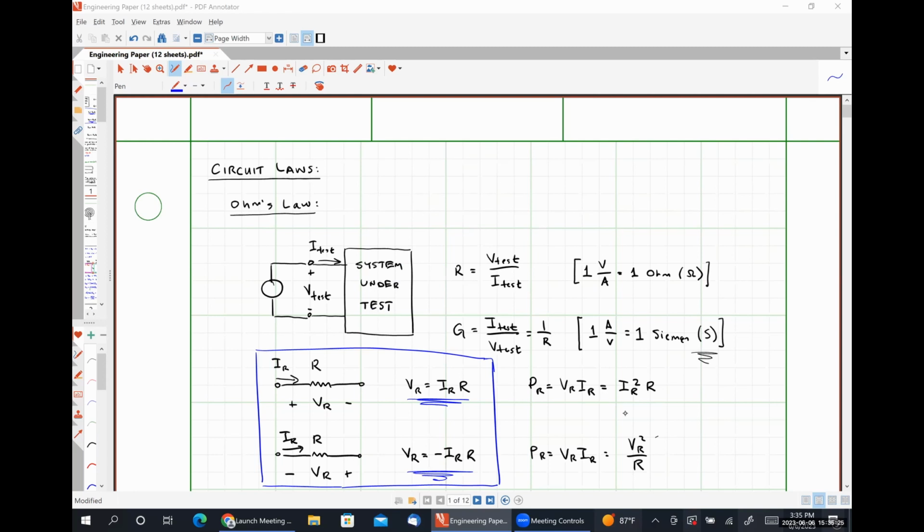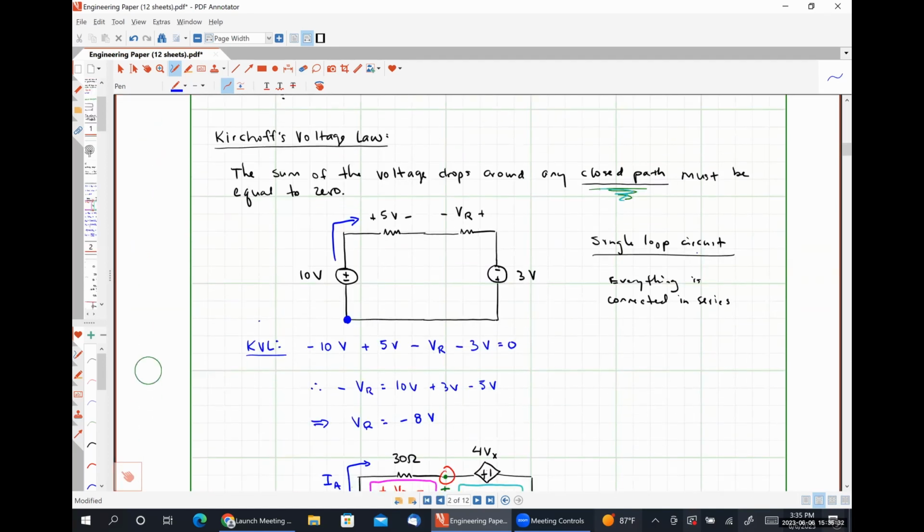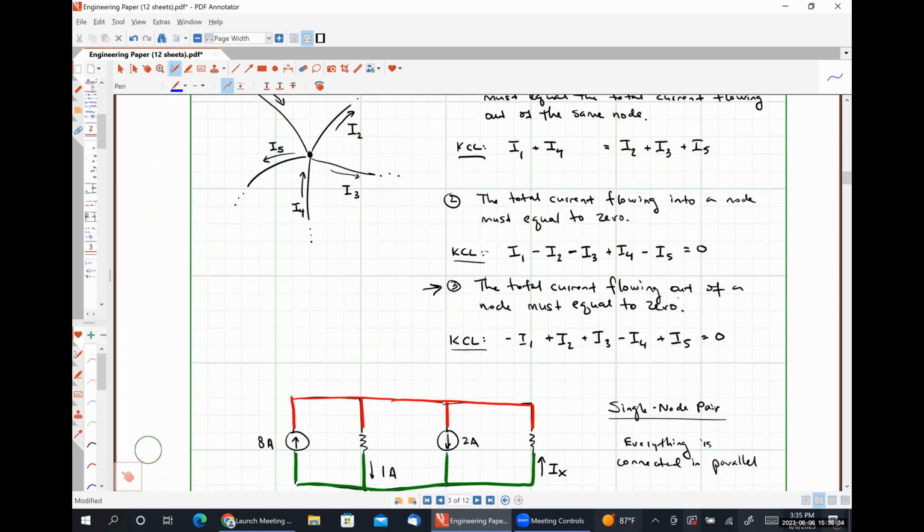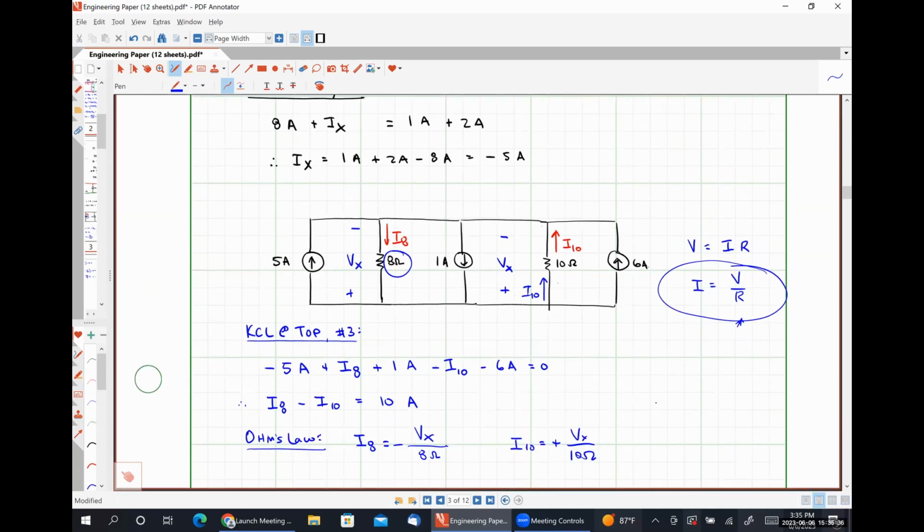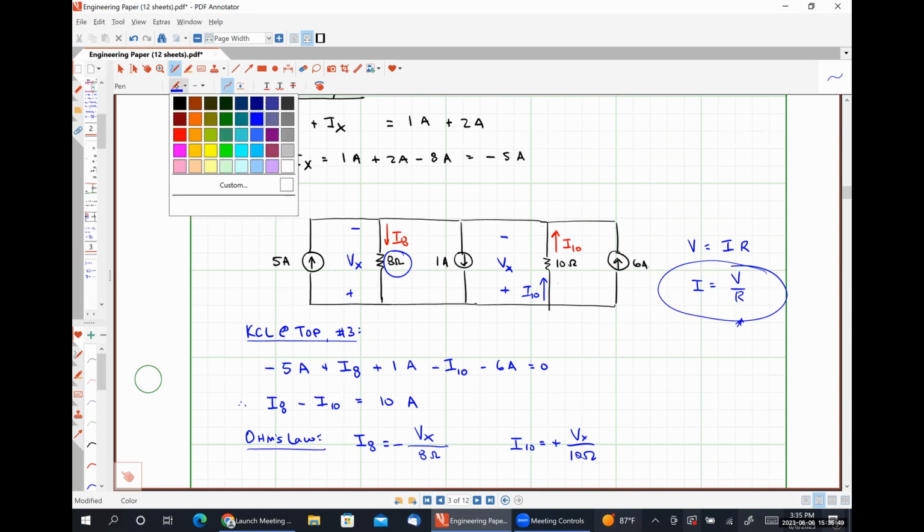Dave, yes. So explain the polarity on the 8 ohm resistor. Let me scroll back down to that. Okay. So the current IX is flowing down.